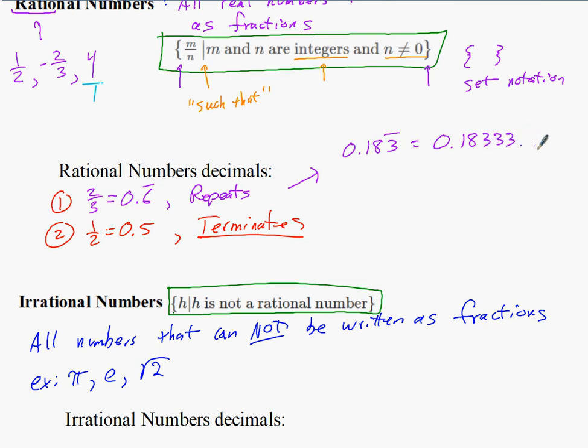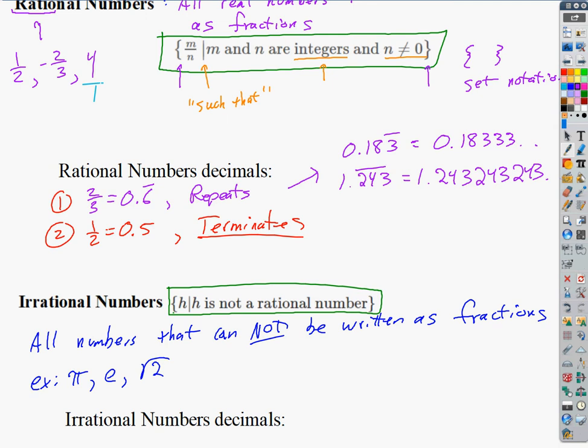Yeah, the 3 is the part that's repeating because that's the part that's underneath the bar, right? Or if I did something like 1.243 repeating, well then everybody see that's going to be 1.243, 243, 243, and so on, right? Okay, so when we write repeating decimals, we always put bars over the top that indicate that they are repeating.